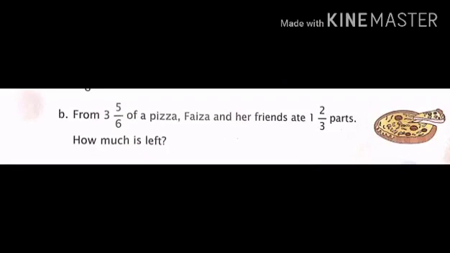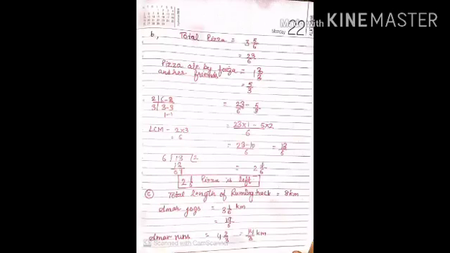Now come to the second question. In the second question, a pizza is given to us, that is 3 5/6. Faiza and her friends ate 1 2/3 parts. So how much pizza is left? The total pizza is 3 5/6.